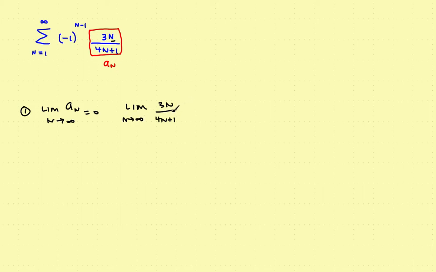Now in this case, it's pretty easy to do because this is a polynomial divided by a polynomial. And remember the rule: if both the n's are to the same power, then the limit is just the ratio of the coefficients. So in this case, this will turn out to be 3/4.